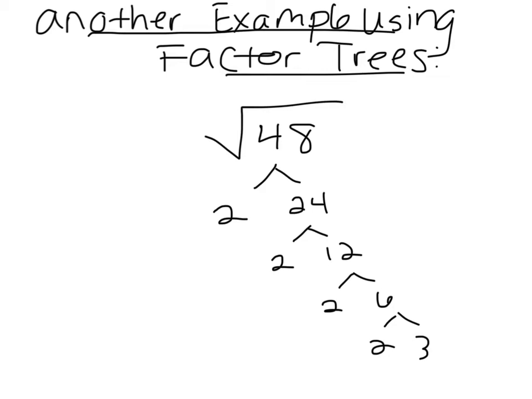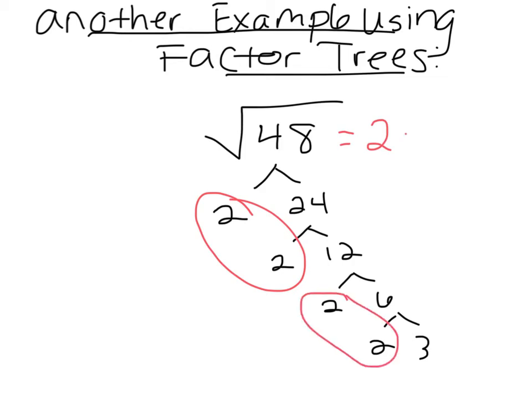That gives me 48. Again, I want to look for pairs of the same number. So right here, I have two 2's, or 2 squared. Again, the square root of 2 squared is simply 2. Times, here's another pair of 2's, 2 squared, again, the square root of that is 2.